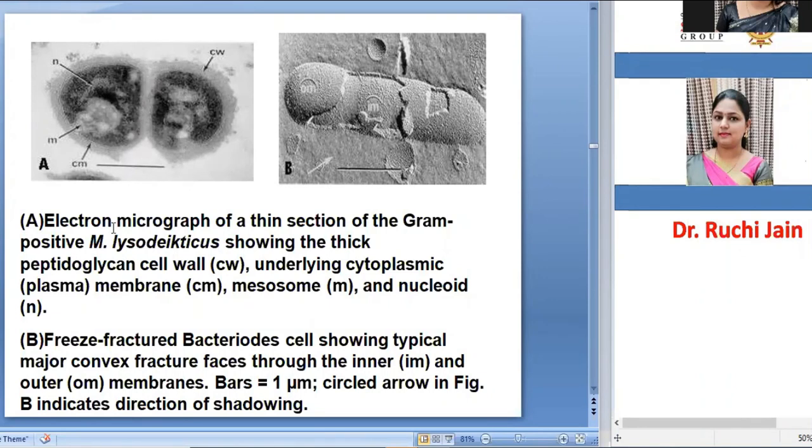This is the electron micrograph of a thin section of gram-positive Micrococcus lysodeikticus, showing the thick peptidoglycan cell wall underlying the cytoplasmic plasma membrane. Mesosomes are also there, and the nucleoid is also present. M is the mesosome and N is the nucleoid.